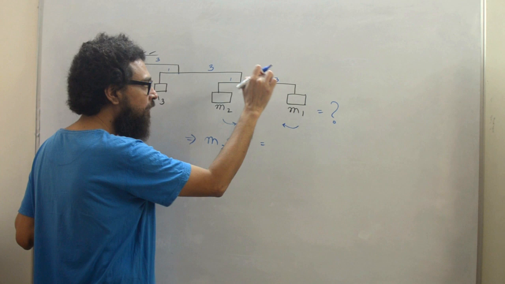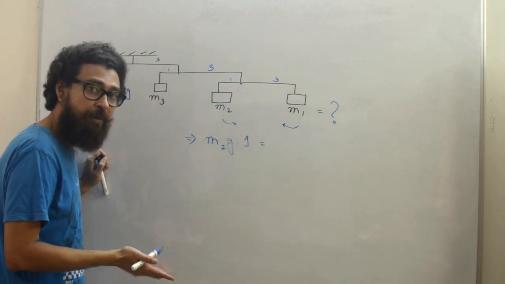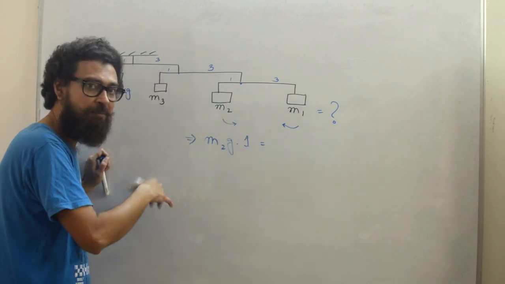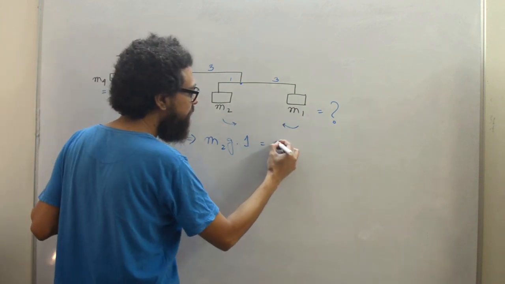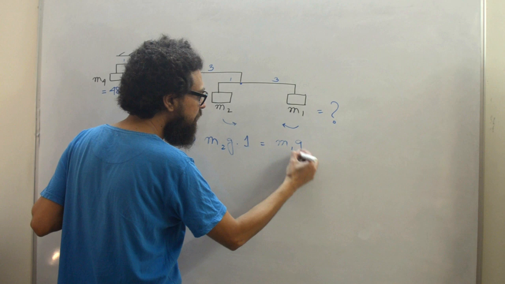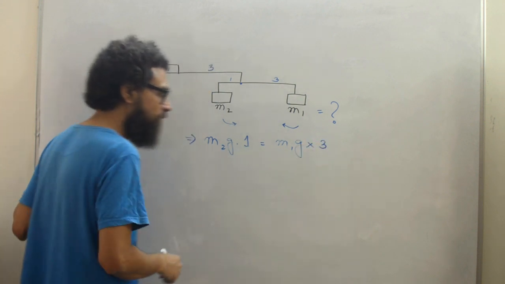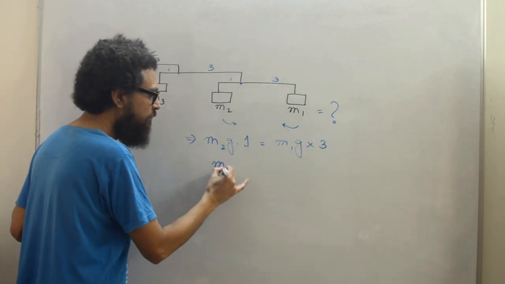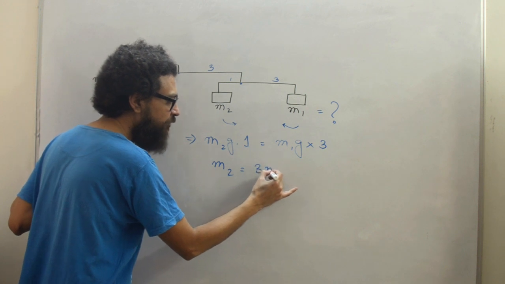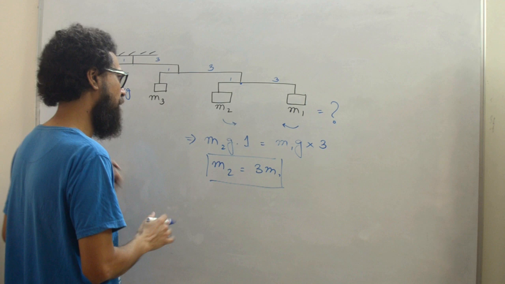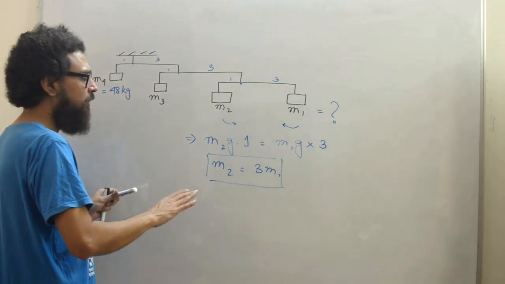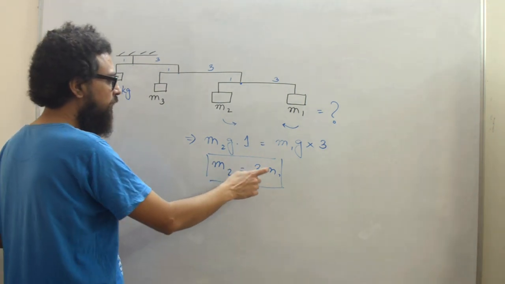Since the forces and distances are mutually perpendicular, you need not do any sin theta part or any cross product, you can directly write. Great. And what is this? M1G into 3. Okay. So M2 is 3M1. We have got one result. Okay. Great. So M2 is equal to 3M1.